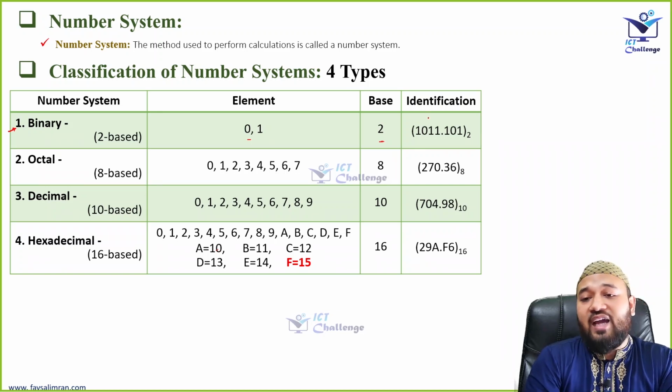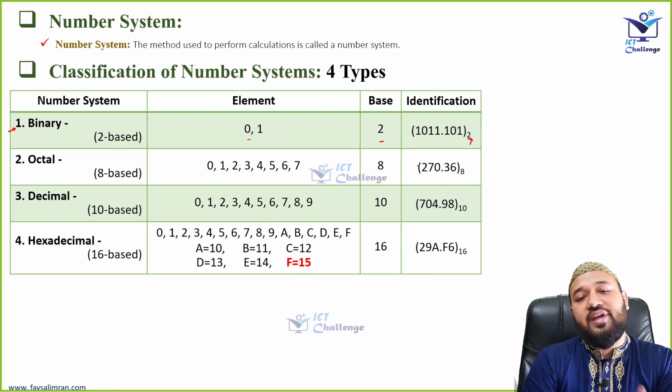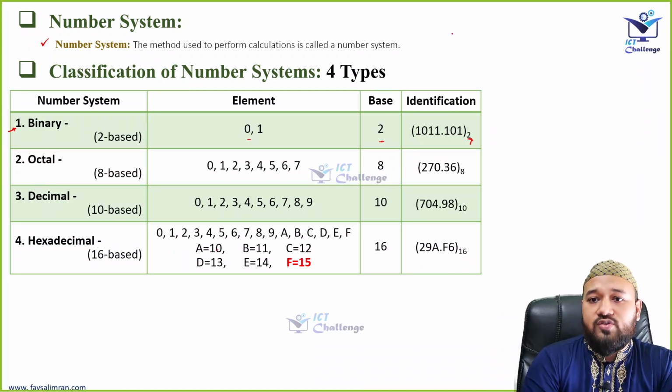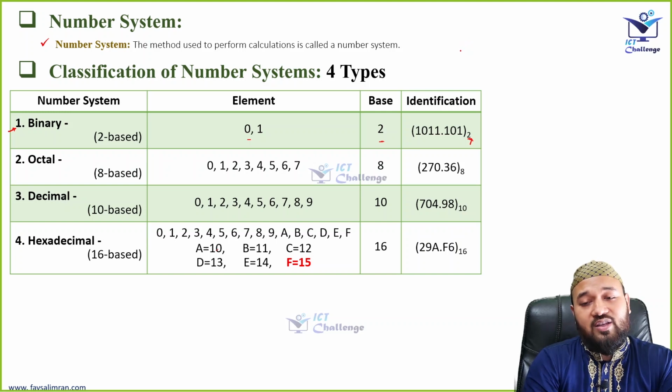Okay, how do we identify a number like 1011.101, what kind of number system is this? This is a binary number system. How can we identify that? Because we see the base of the number system as a subscript. What is a subscript? There are 3 kinds of script available in any language. One of them is subscript and another one is superscript.